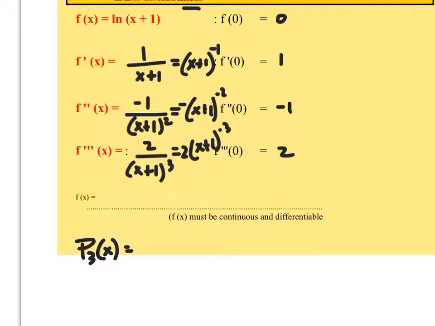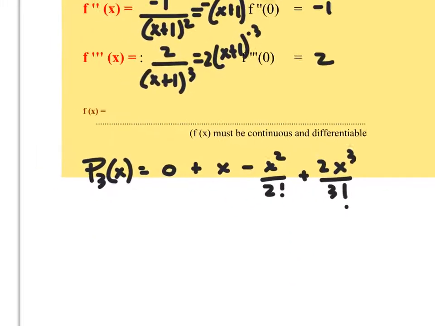Alright, and it will be equal to 0 plus 1 times x minus 1 times x squared over 2 factorial plus 2 times x cubed over 3 factorial. Let's clean that up.